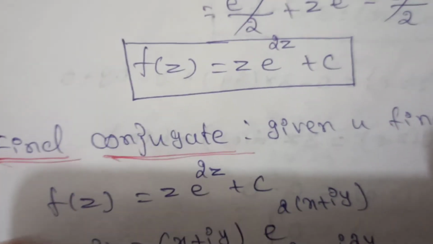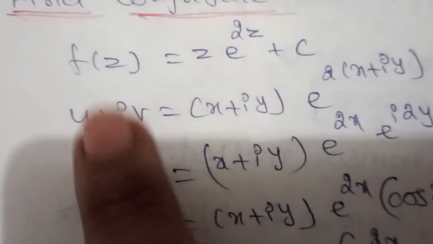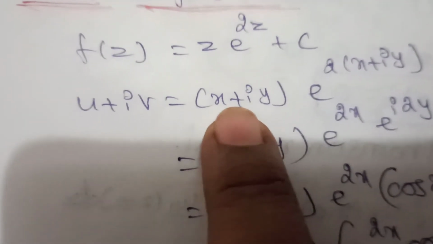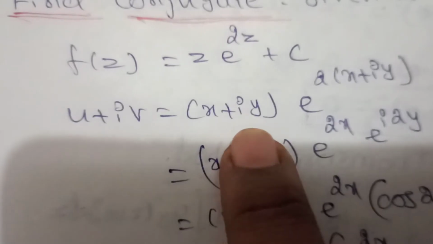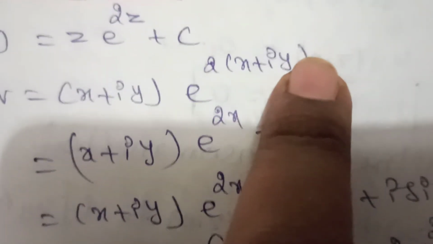In this value we can replace with complex numbers. So f of z, you know the formula, u plus iv, substitute here, is equal to z, the complex value x plus iy, into e power of 2 into, again substituting z, e power of 2 into x plus iy.